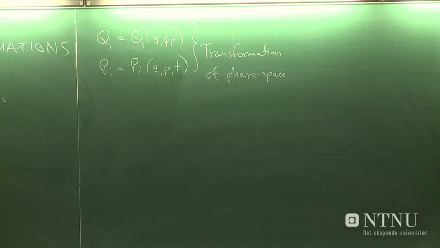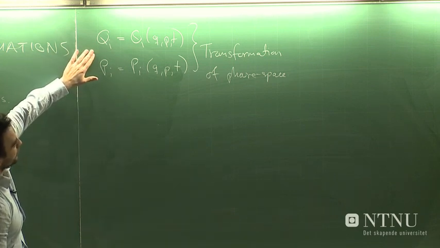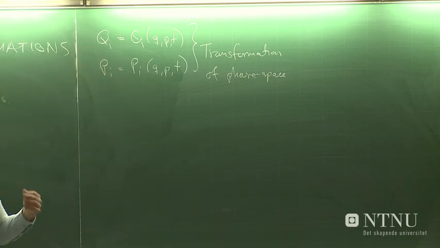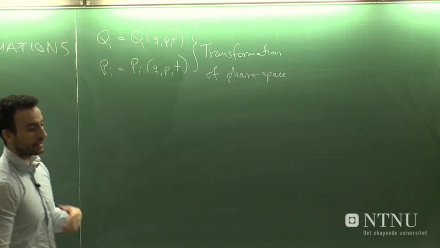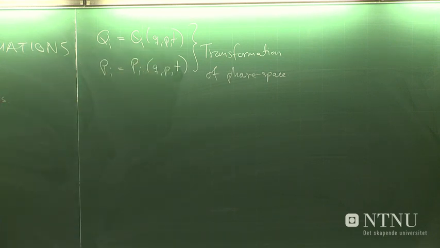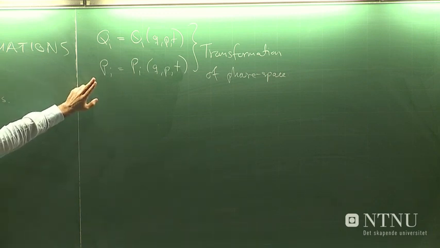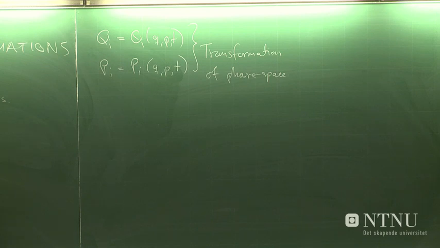And by phase space, I mean the space spanned by the two n axes, small q and small p. So in general, we can write down a transformation where we obtain a new set of coordinates, large Q, which are a function of the old coordinates, but also, in general, of the old canonical momenta. And similarly for large P, we find a new set of canonical momenta that are a function of small q and small p.